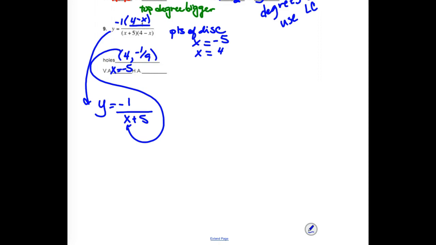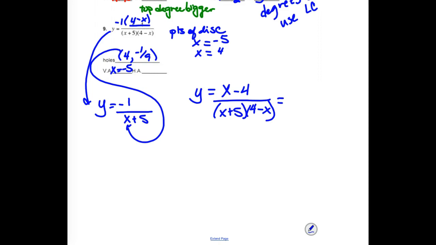All right, horizontal asymptotes. Now this one was already in factored form for us. I'm going to put it back the way it was. If we were to FOIL out that denominator, we'd end up with an x squared, correct?